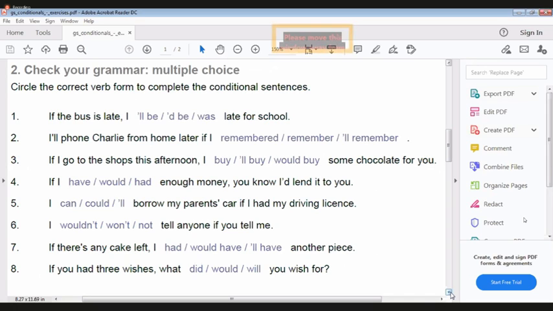I'll. I will. Then what is the tense of the if clause? Oh, I will. When you say I will, which conditional is that? First conditional. Then what should it be in the main clause?